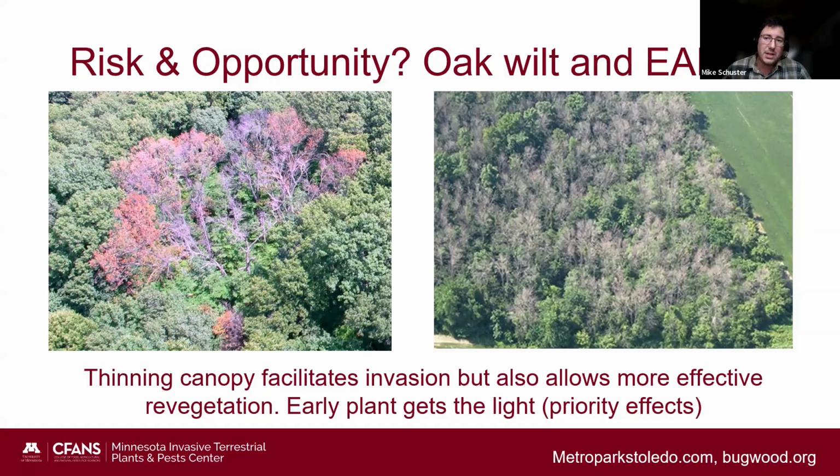So I think it's worth, in the back of your mind at least, thinking about how we might be able to proactively, or at least quickly, respond to these changes in canopy conditions in a way that reduces invasion overall and maybe saves us some headache going forward, right? If we can get native species into these newly formed canopy gaps early, they will be in a better position to resist invasion.